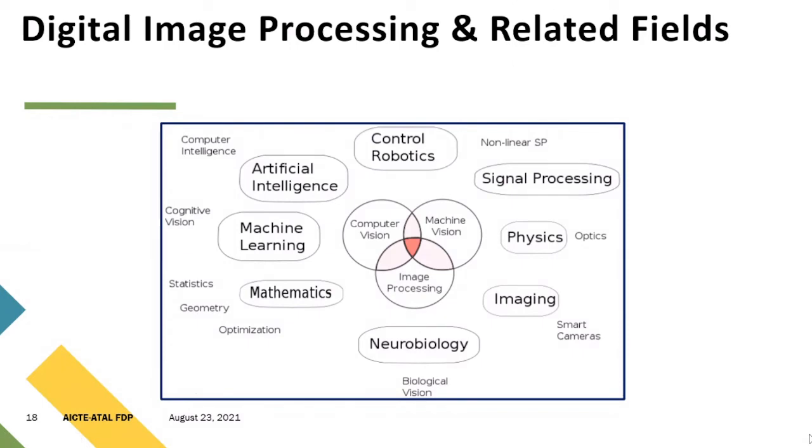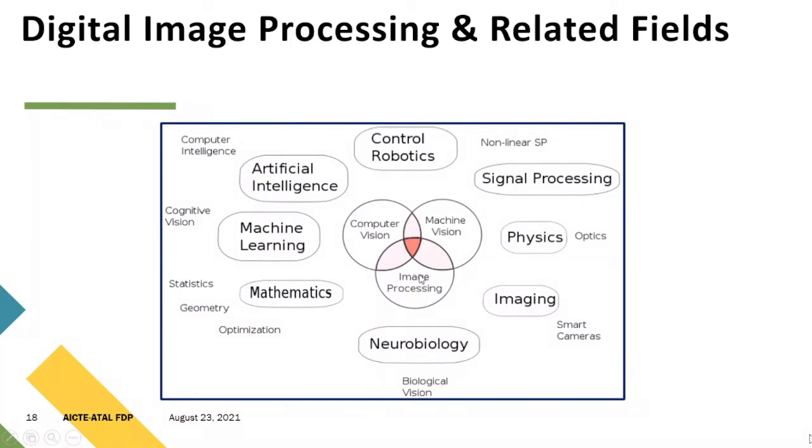Till now, we have discussed the image, file formats, why they are required, and why they are popular. Now, if we talk about image processing and related fields, as I've told you, image processing has found its application in almost all the fields. What do I mean by this? Here in this diagram you can see image processing, computer vision, machine vision. These are correlated; you can see there is an intersection also.